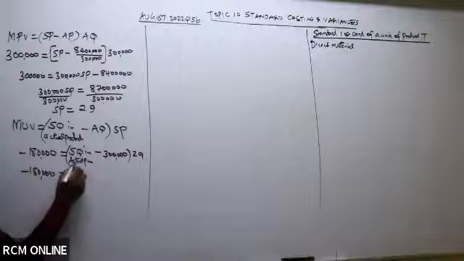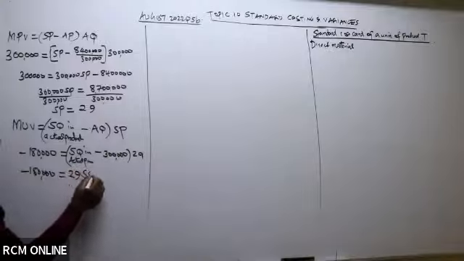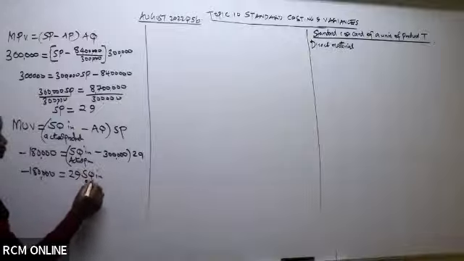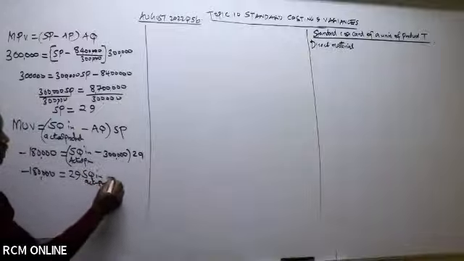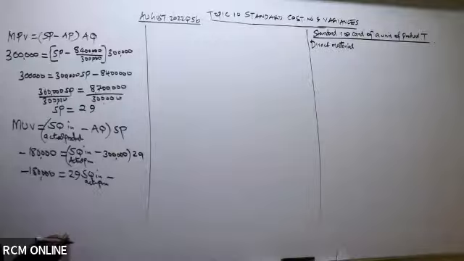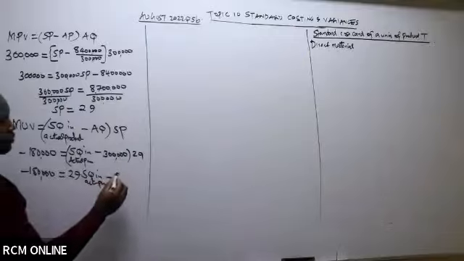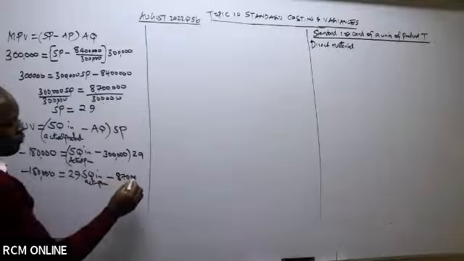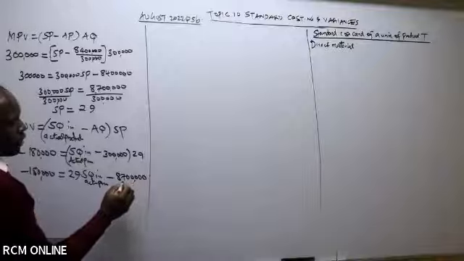is equal to 29 times standard quantity in actual production minus 300,000 by 29. What is 300,000 by 29? 8,700,000, right?